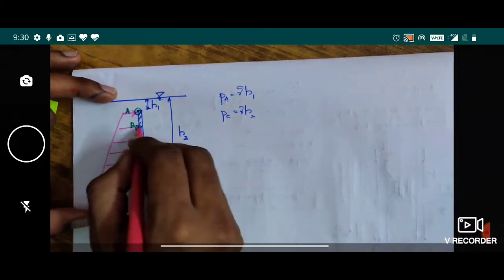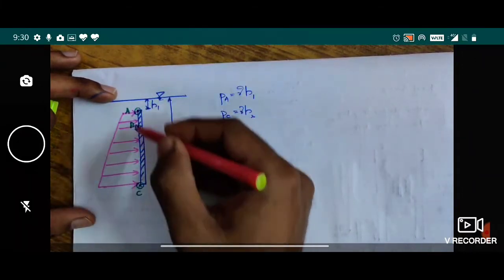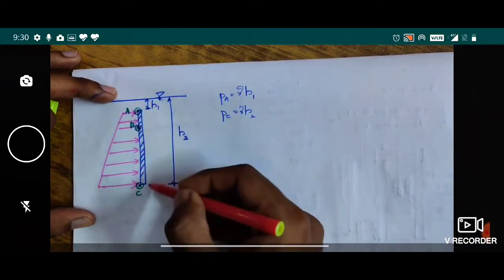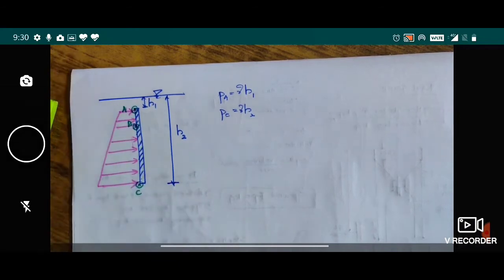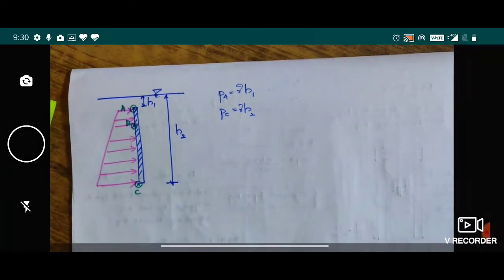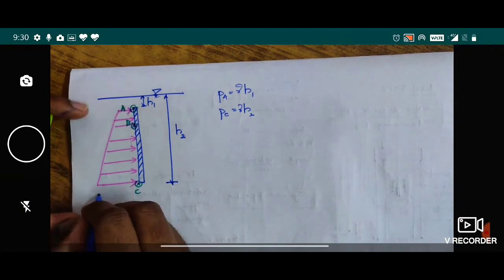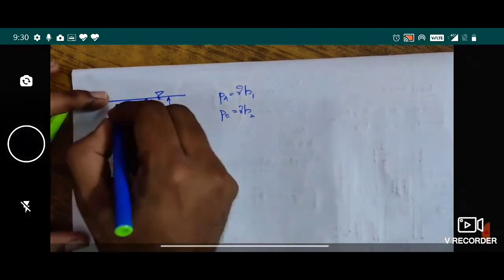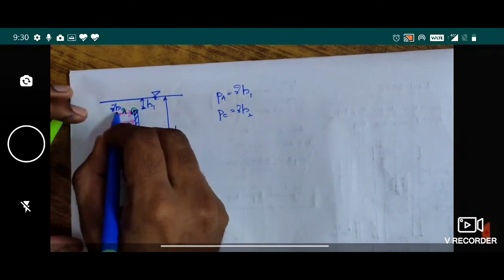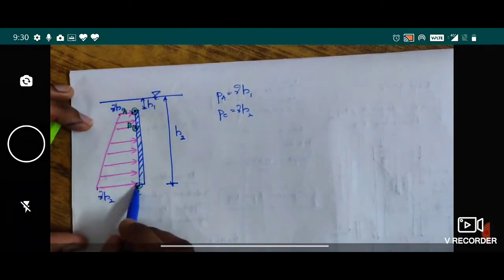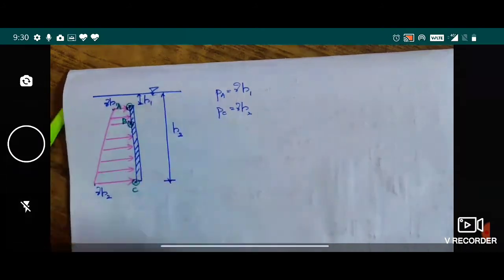If I am traveling from the top point to the bottom point, it is increasing uniformly. If I am traveling from bottom to top, it is decreasing uniformly. So the ordinates: from here to here the value is gamma h1, from here to here the value is gamma h2. In between you can find.